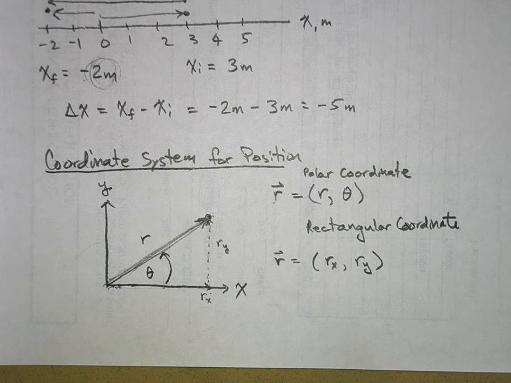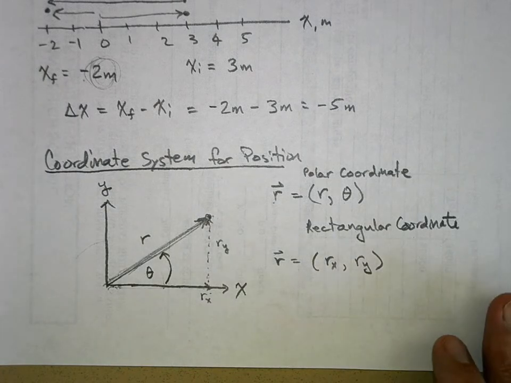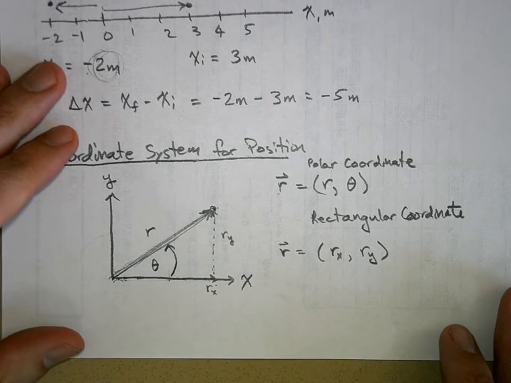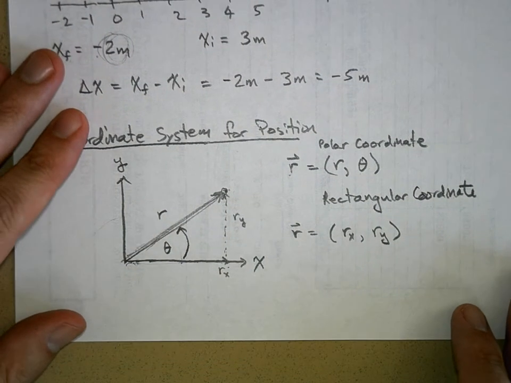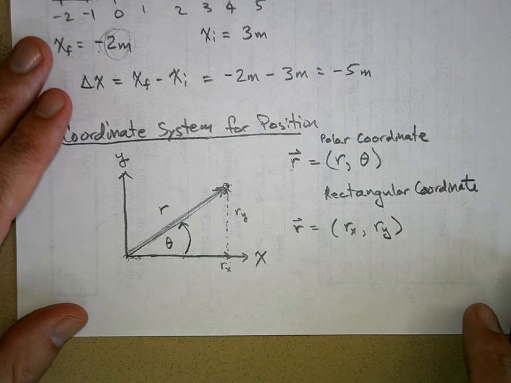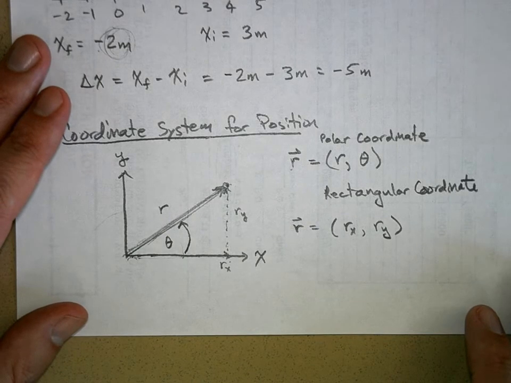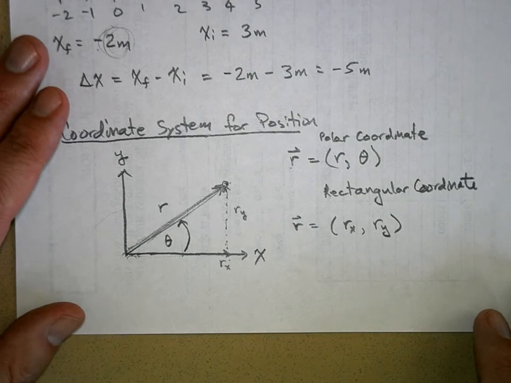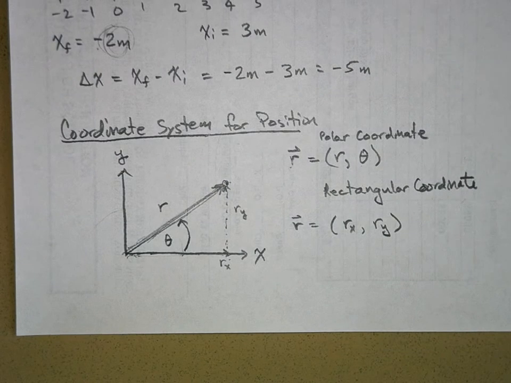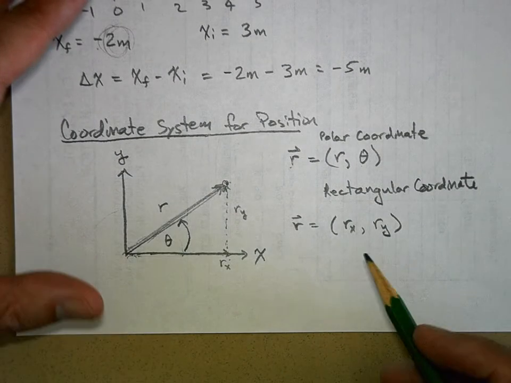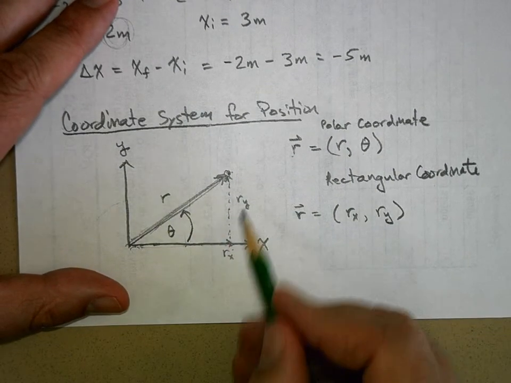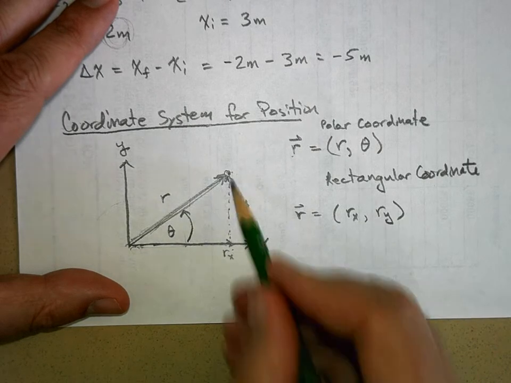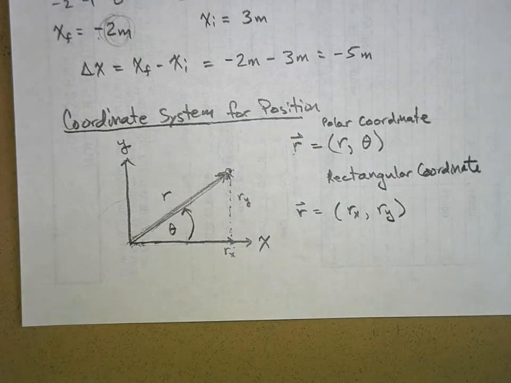Okay, now what we want to do is relate these two coordinate systems. And as you know from your math classes, we have certain ratios that we've defined that your calculator has programs in it to figure out. The y and the x components, well, they are orthogonal, right?